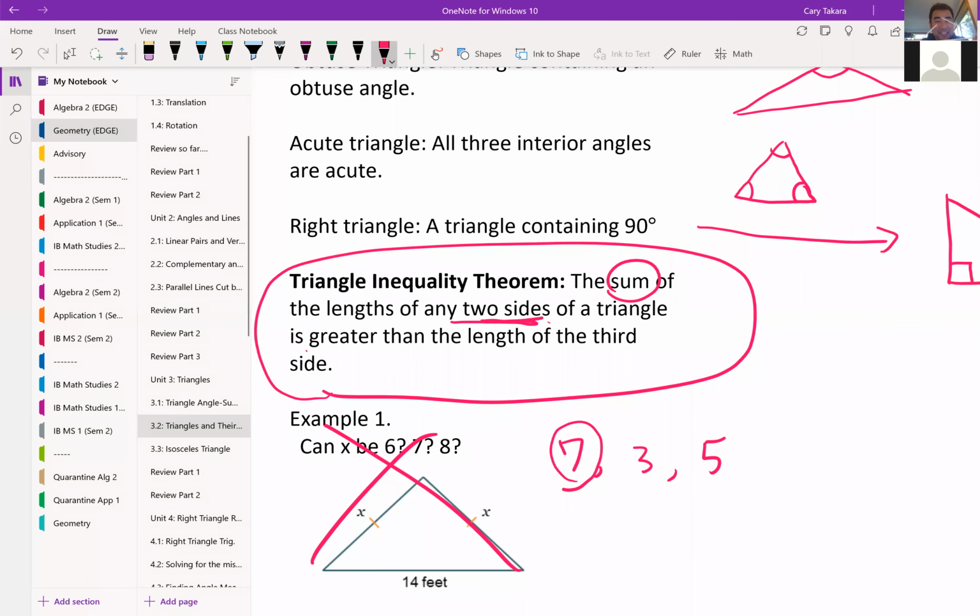And it is, isn't it? 3 plus 5 is 8, and 8 is definitely bigger than 7. So if you have a 5, and here's a 3, and you try to create that, it's able to meet, right? And it creates a triangle because 3 and 5 combined is bigger than 7.